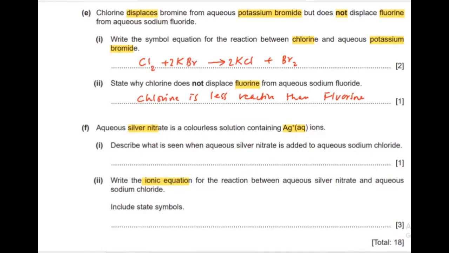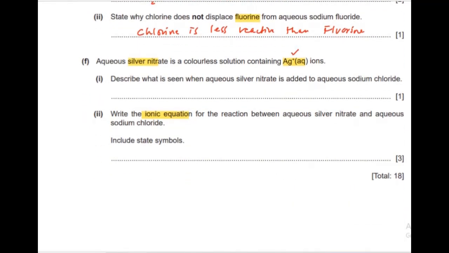Now, there is another question. Aqueous silver nitrate is a colorless solution containing Ag positive ions. Describe what is seen when aqueous silver nitrate is added to aqueous sodium chloride. Now, this is regarding the test for anions. Whenever you have the chloride, bromide, or iodide ion, aqueous silver nitrate is used to test these ions. When it is added to aqueous chloride, you will get a white precipitate.